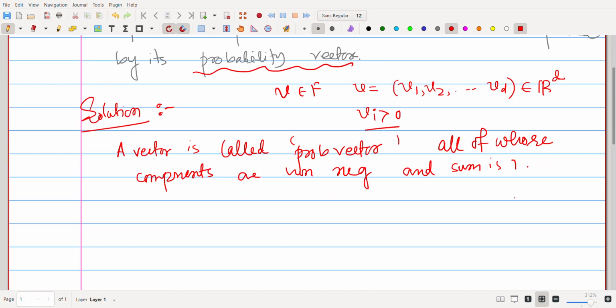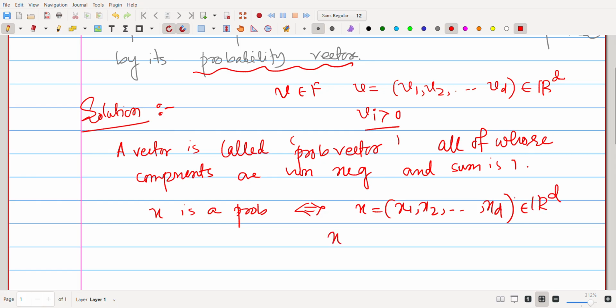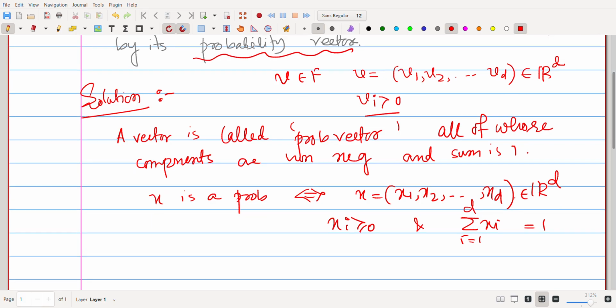That means x is a probability vector if and only if, when I write x as x1, x2 up to xd, all xi are greater than or equal to 0 and the summation of xi, i equal to 1 to d, is 1. So this is the meaning of probability vectors.